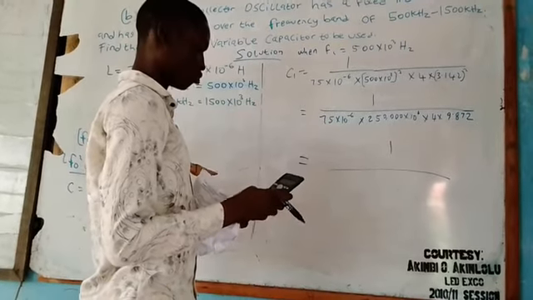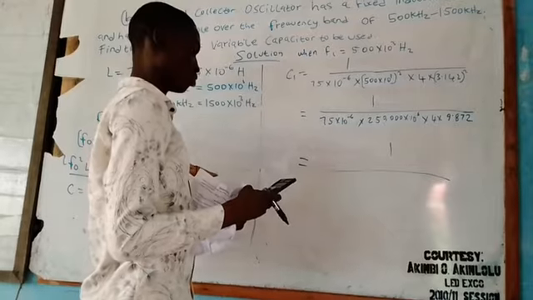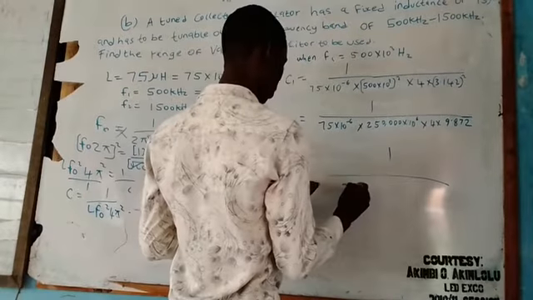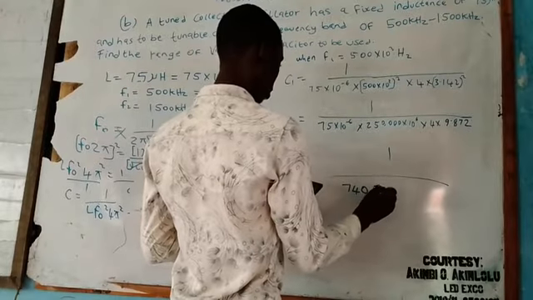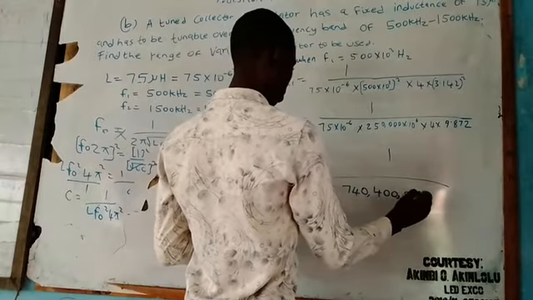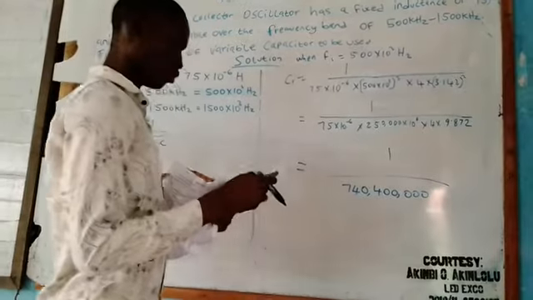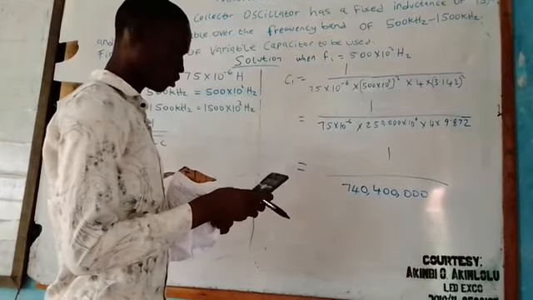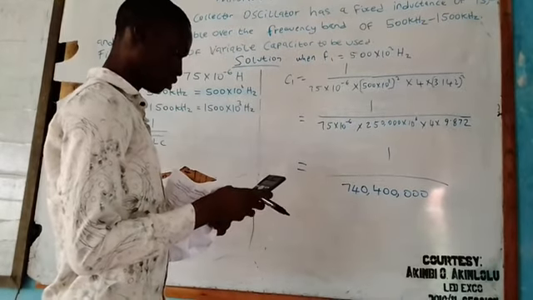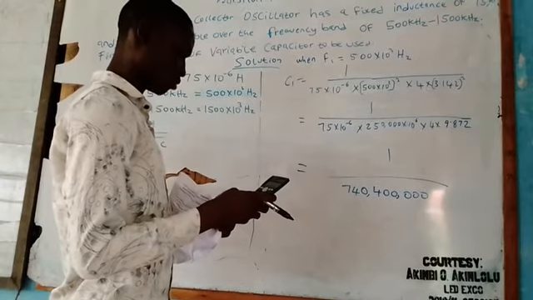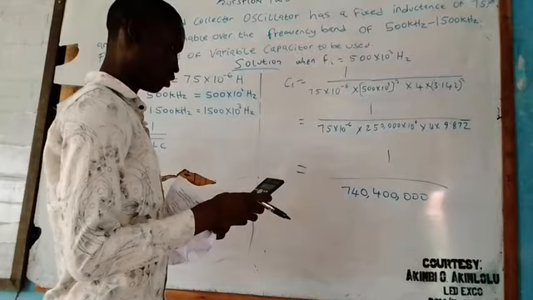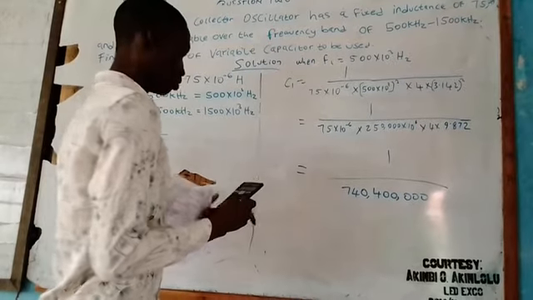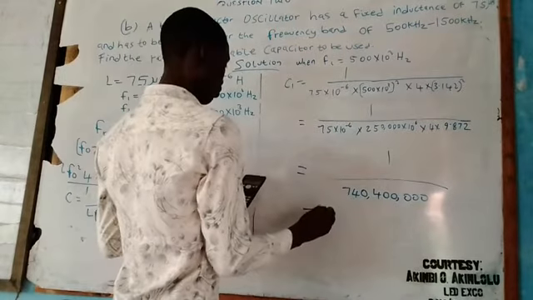Well, 75. Okay, 740,400,000. Nice. 740,400,000. Okay, now 1 divided by this whole number will give us our capacitor 1.